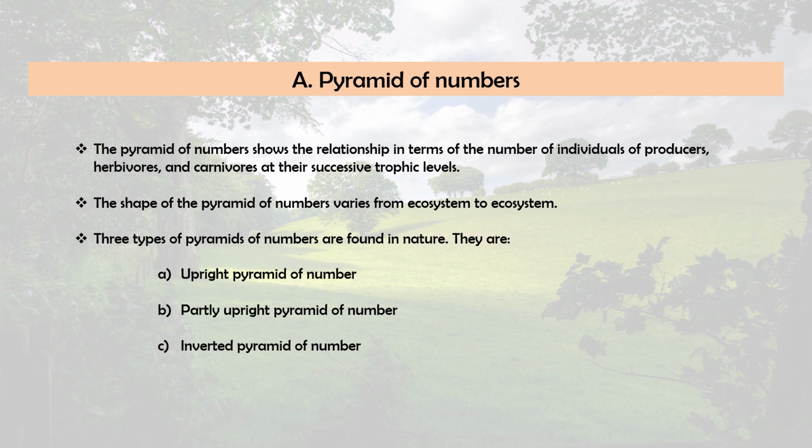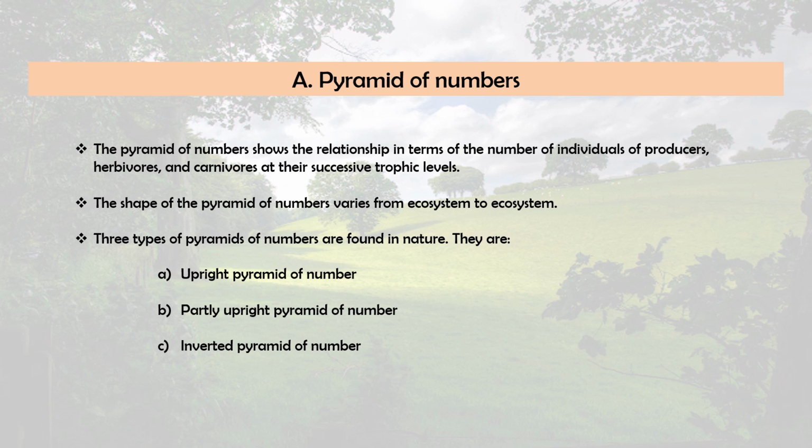So the pyramid of number we get from the food chain, like producers provide food to the primary consumers, and primary consumers provide food to the secondary consumers, and secondary consumers provide food to tertiary consumers.